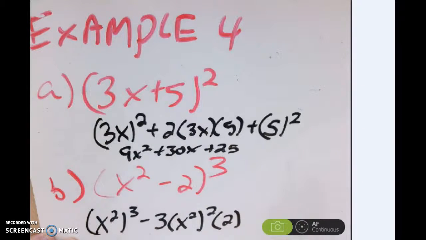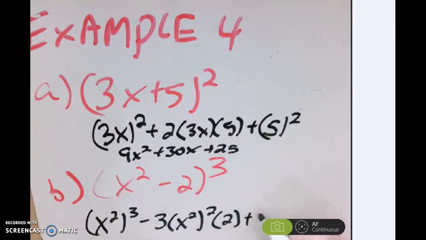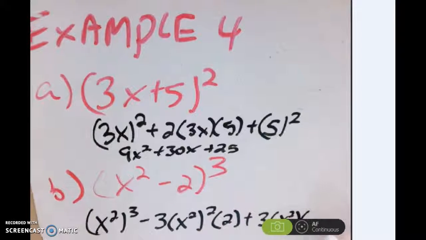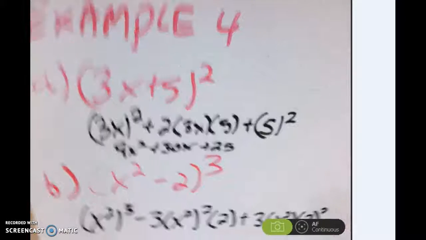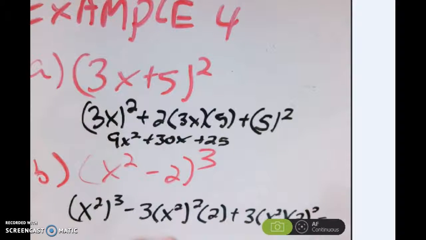It's not negative 2, it's 2, plus 3 times our a value, x squared, times our b value squared, 2 squared, and then minus our b value to the third. So minus 2 to the third.